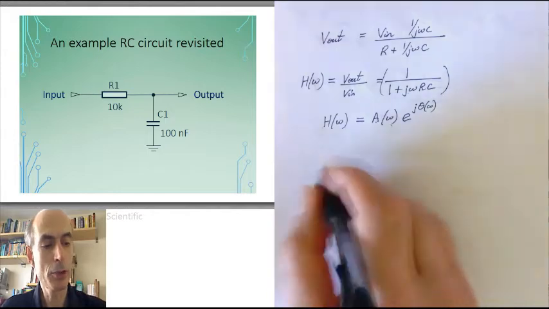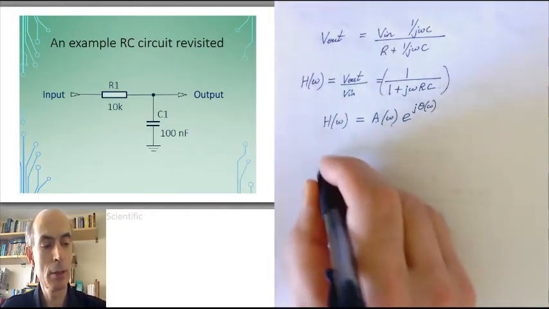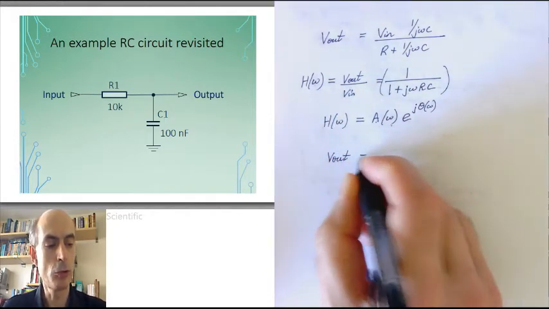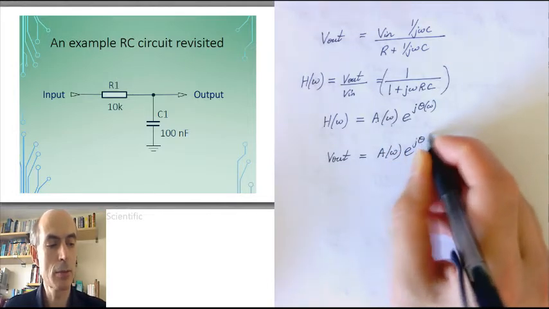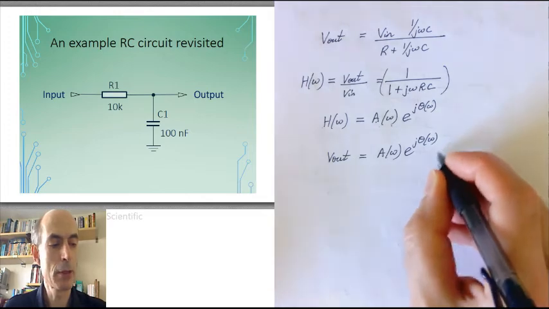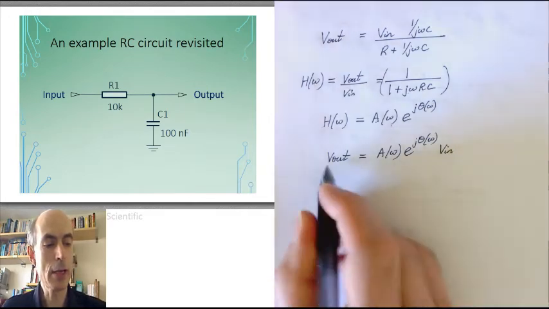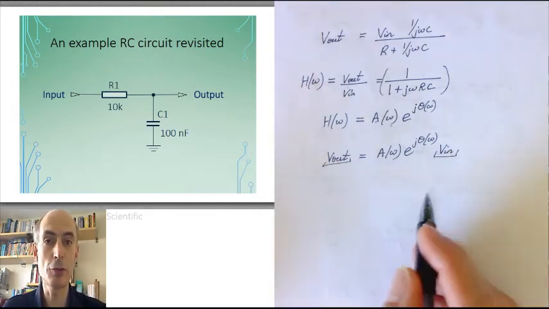Then I would have that V out is equal to A of omega times e to the j theta of omega times V in. And V out and V in are both phasors.